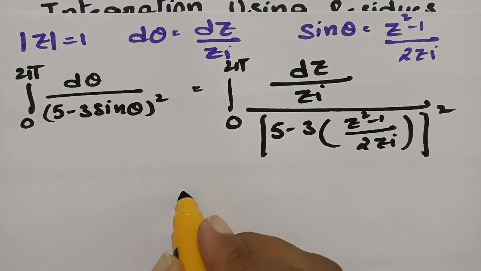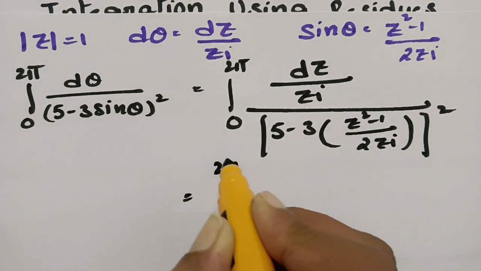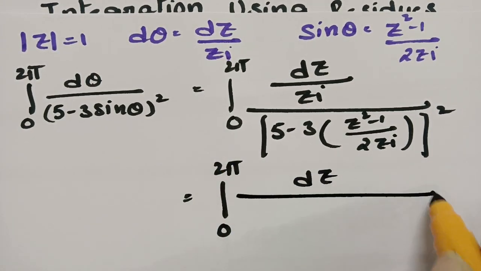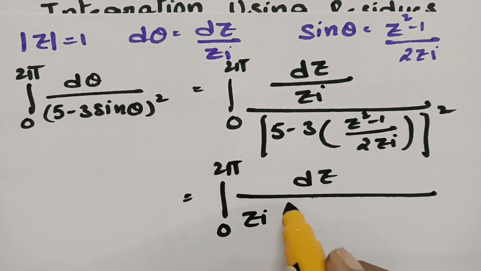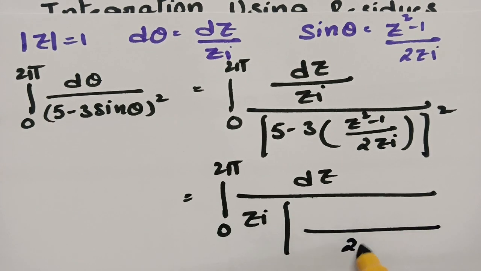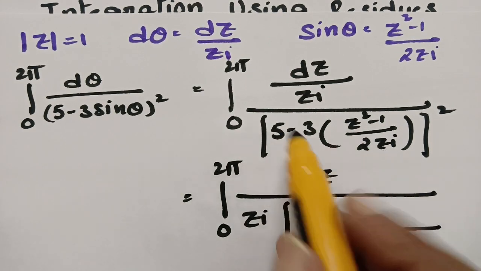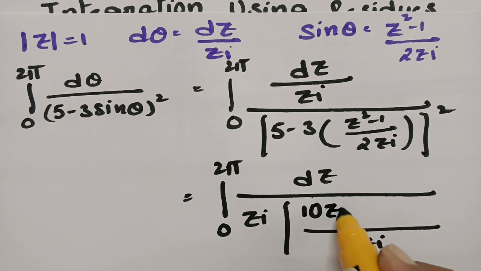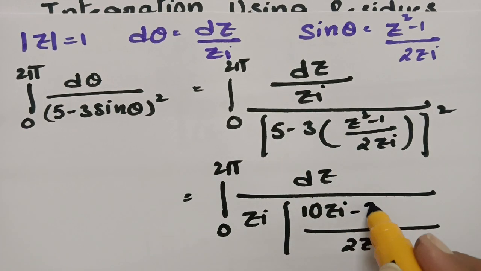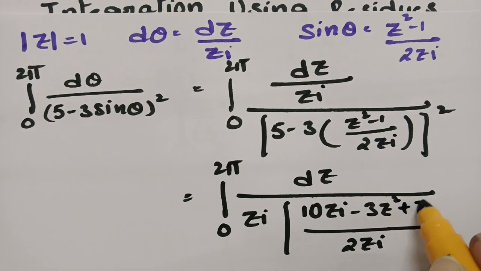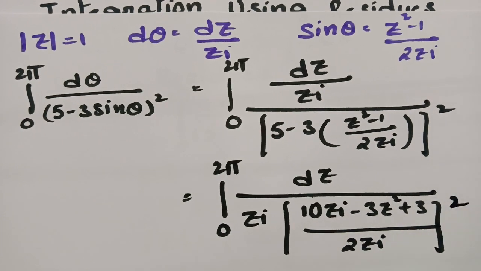Now this can be written as the integral of dz by zi into, if I take 2zi as LCM, this will be (10zi minus 3z square plus 3) whole square.